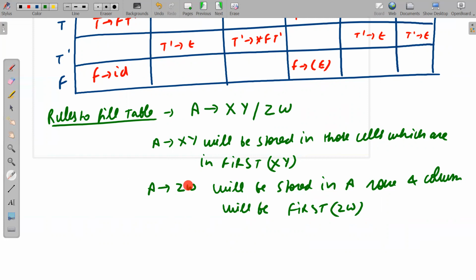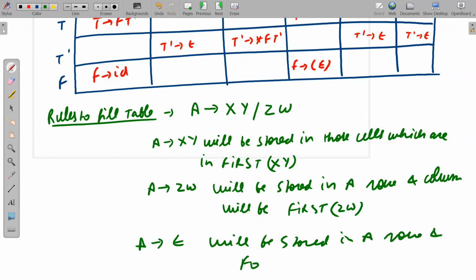Are you getting it? So A implies ZW will be stored in the A row. Okay, in the A row, wherever we have written non-terminal A, in that row we have to store A implies ZW. Obviously, in that row it will be stored, but in which column, that will be given by first of ZW.